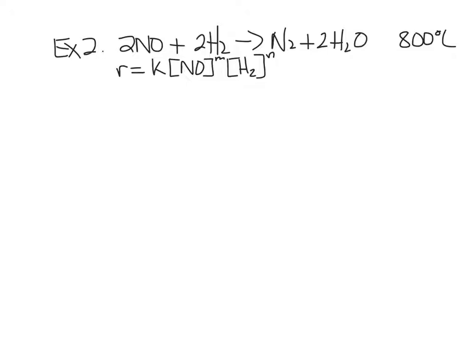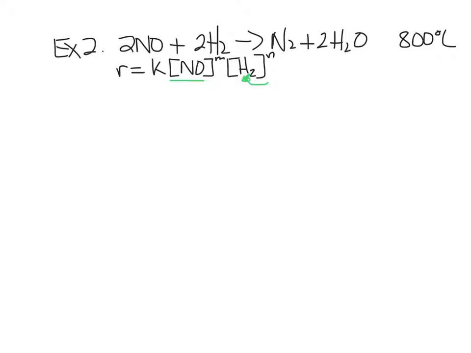So if we are going to solve for nitrogen monoxide, we must pick 2 runs where the H2 concentration doesn't change. That way it will cancel and will not be a factor.